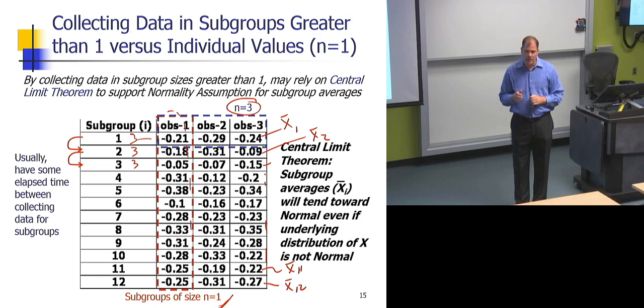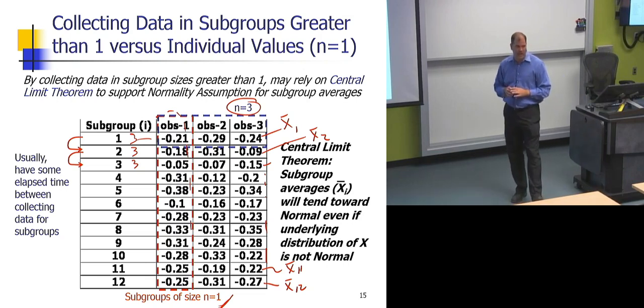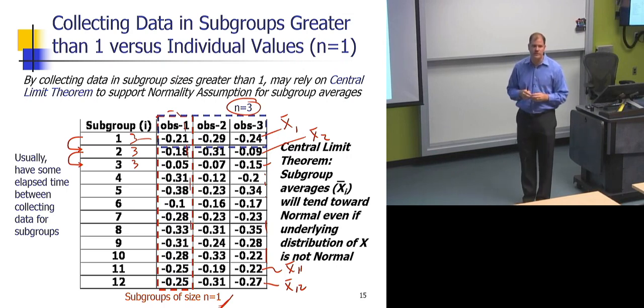Got that part? If you go back to school, in a statistics class, you should have learned the central limit theorem. Central limit theorem says, regardless of the distribution of x, if you're looking at the distribution of x bars from that, that will tend towards normal.